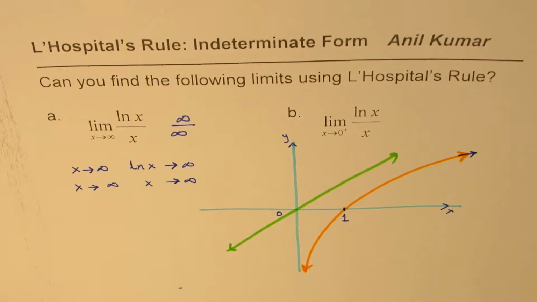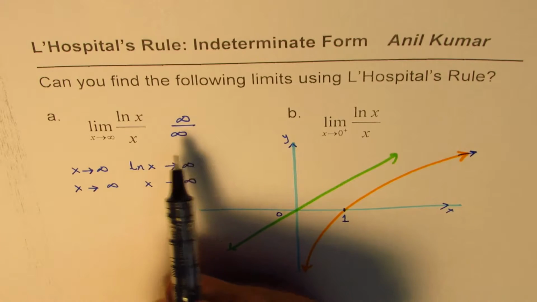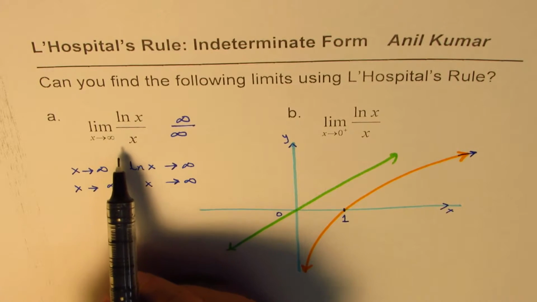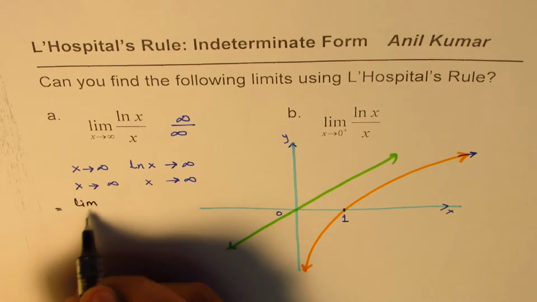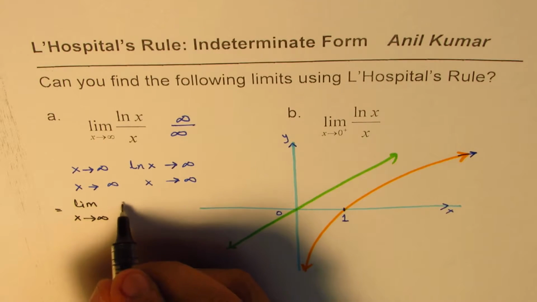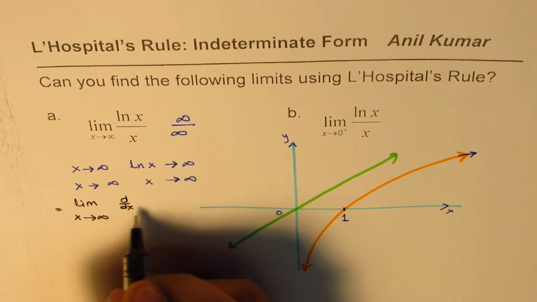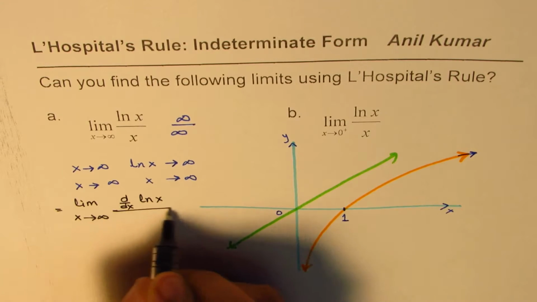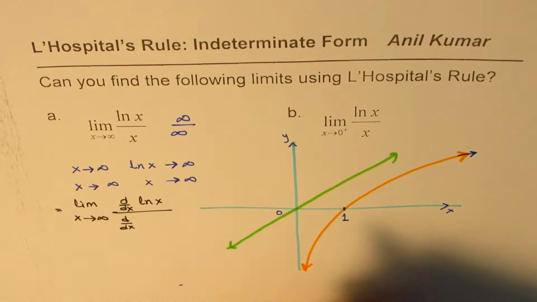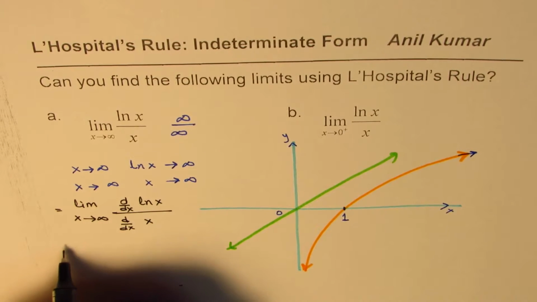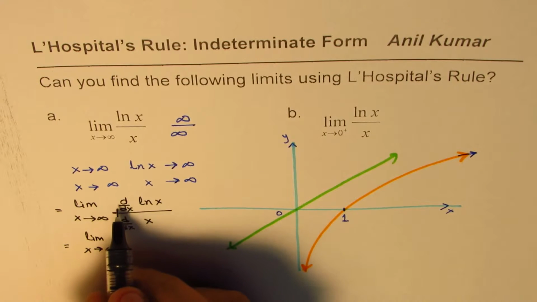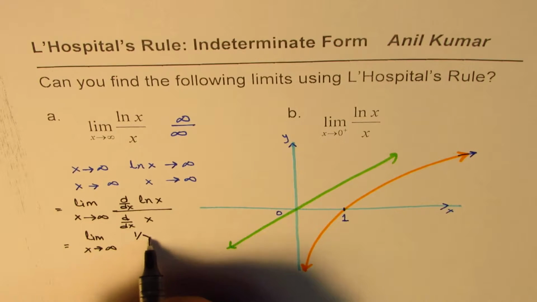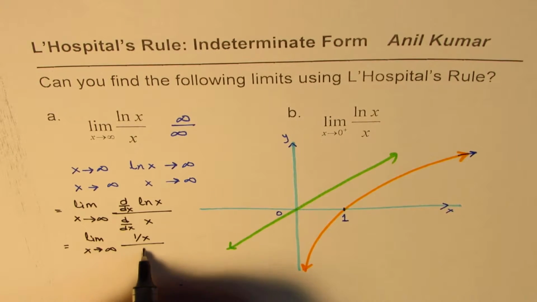Now, how do we apply it? What we know is that if we're trying to find the quotient of the functions, then their limit is the same as the quotient of their derivatives. So that's the strategy. We can write d/dx of ln x divided by d/dx of x. Now the limit as x approaches infinity: the derivative of ln x is 1 over x, and that of x is 1.